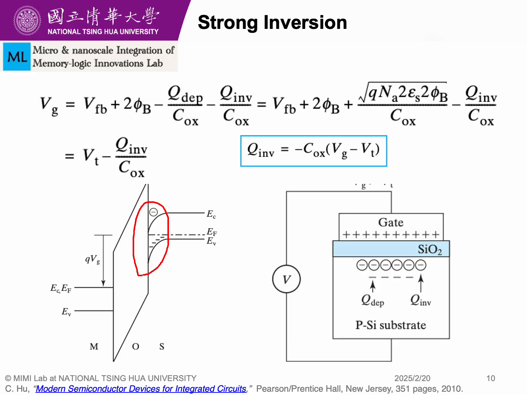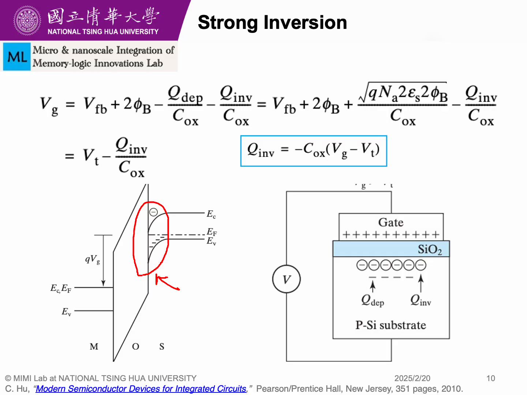A large VOX will appear in the oxide region, and that will soak up the applied voltage. Which also means that the surface potential phi s doesn't really increase beyond twice phi b.